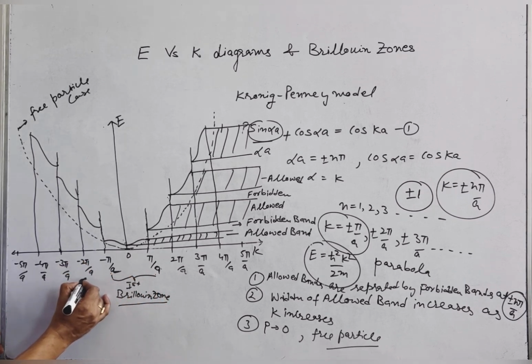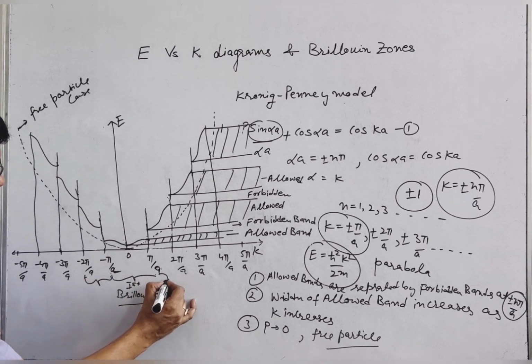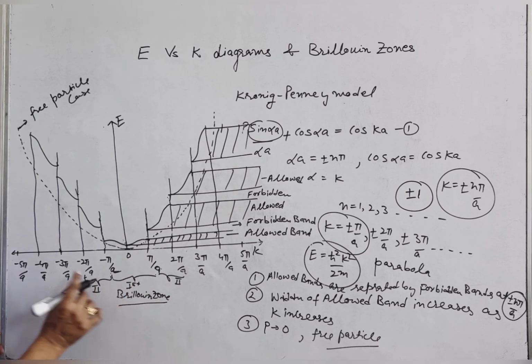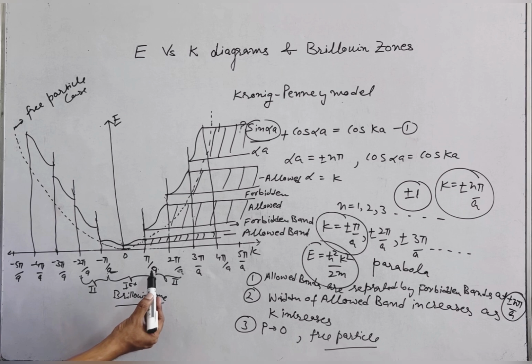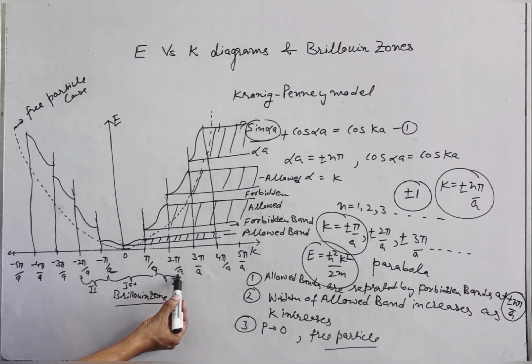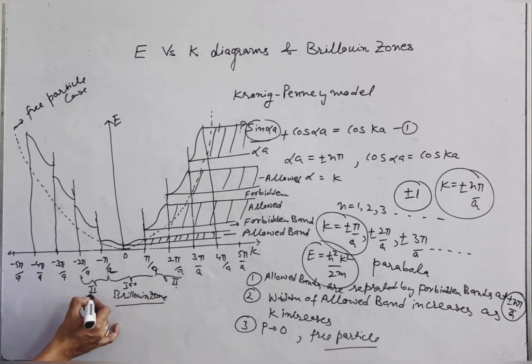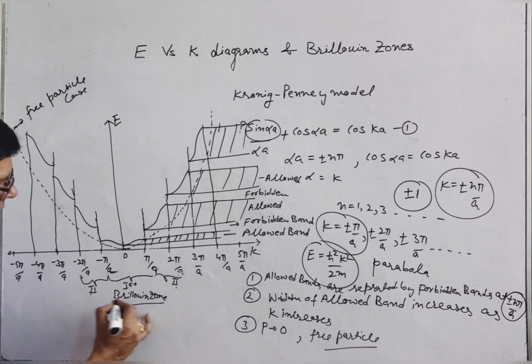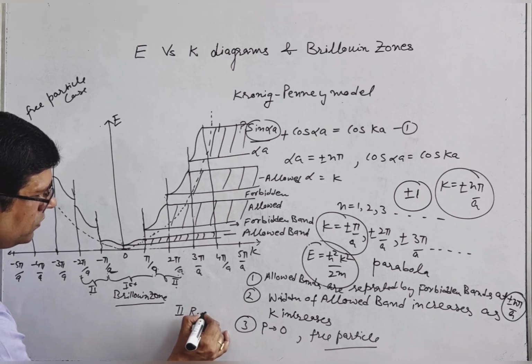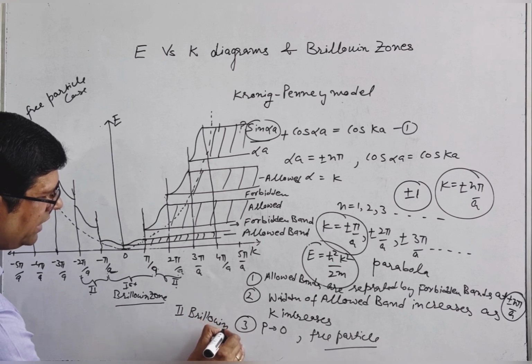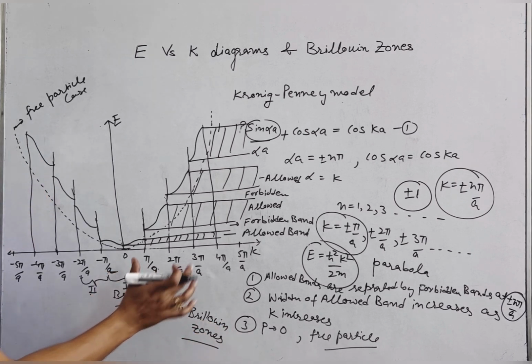And the energy values taken between these two regions, minus pi by a to minus 2 pi by a and plus pi by a to 2 pi by a, are the second region, and these are called second Brillouin zones. And so on.